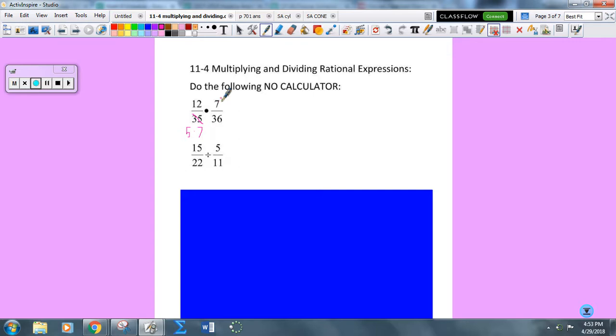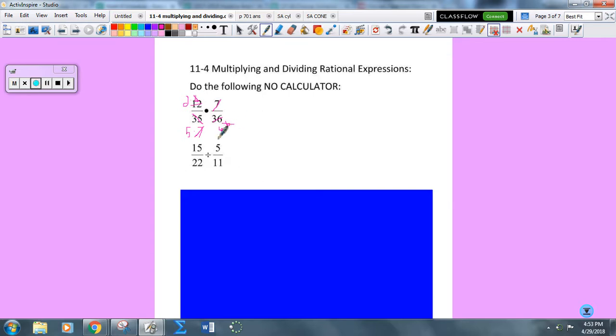And then I'm dividing 7 by 7, so those divide out. I can write 36 as 6 times 6, and I can write 12 as 2 times 6. And then I can divide out 6 and 6.